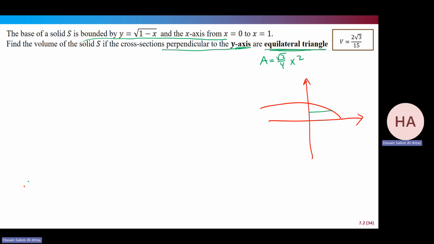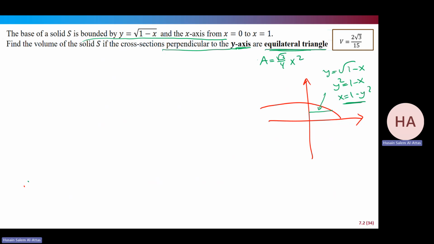So I'm talking about this. I need the function in terms of y, not in terms of x. So I have y equals square root 1 minus x; square it. So I have y squared equals 1 minus x, so x equals 1 minus y squared. This is what I'm looking for.